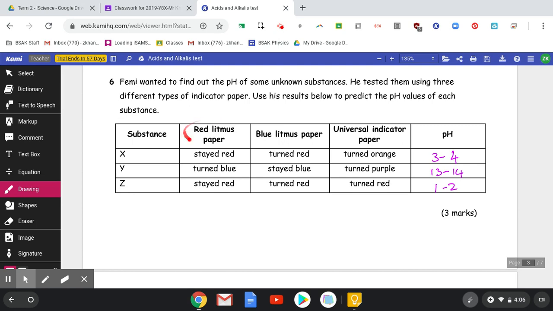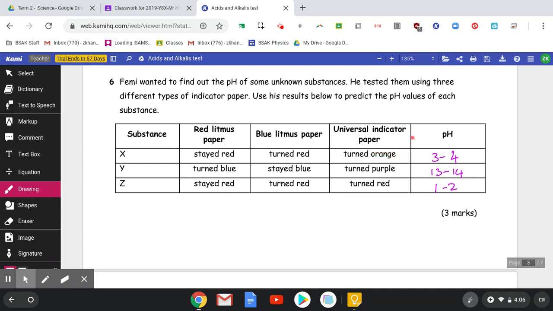Red litmus paper will stay red if it's an acid, but it will turn blue if it's placed in an alkali. Blue litmus paper will stay blue if it's an alkali, but it will turn red if it's an acid.